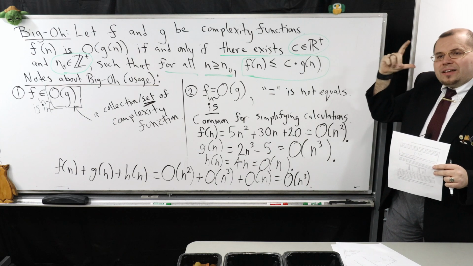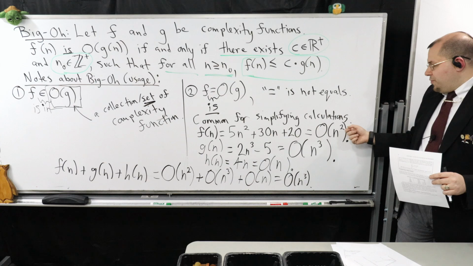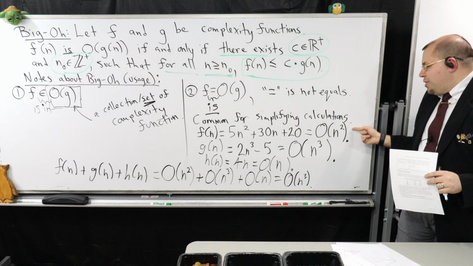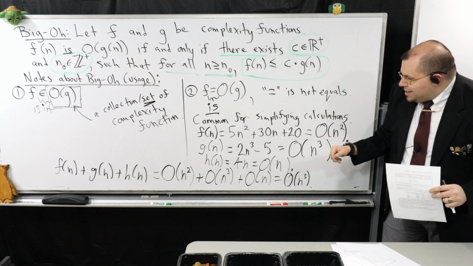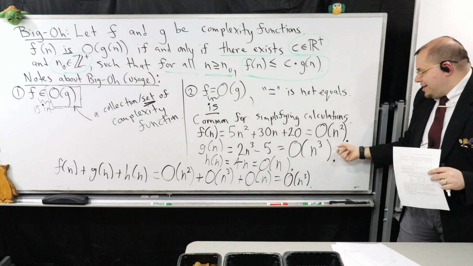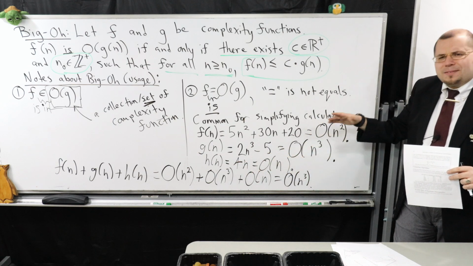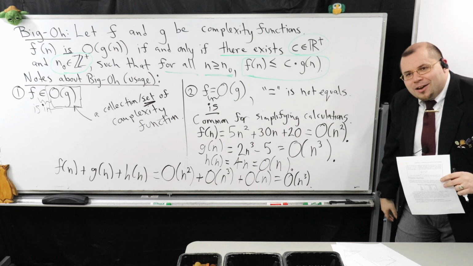If I count up all those operations, that was f, and I could tell you it has big O of n squared operations performed. Then I look at g. Suppose this is the second part of the algorithm, and that takes big O of n cubed operations. And then I have my third part, suppose it's the part that cleans up things at the end, and that is big O of n operations.